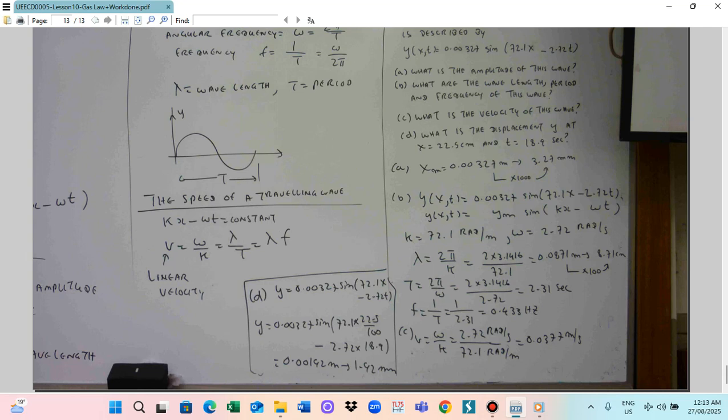By solving this, our y can be calculated. It will be 0.00192 meter, or 1.92 millimeter. So this is the answer for the problem. So this is for the harmonic motion and the wave.